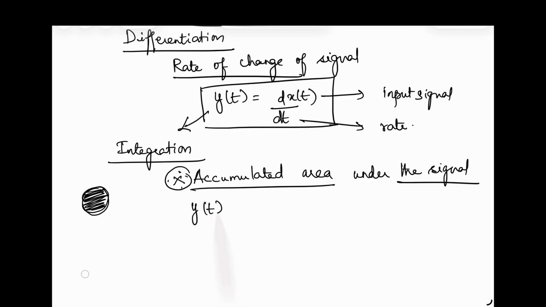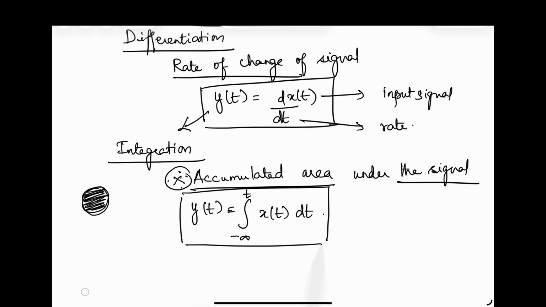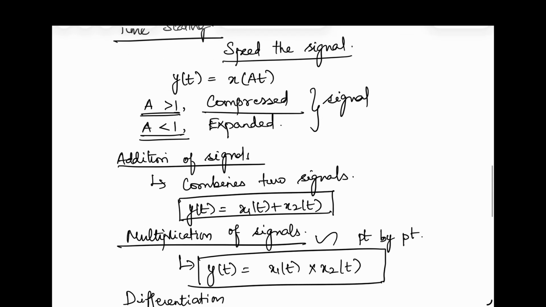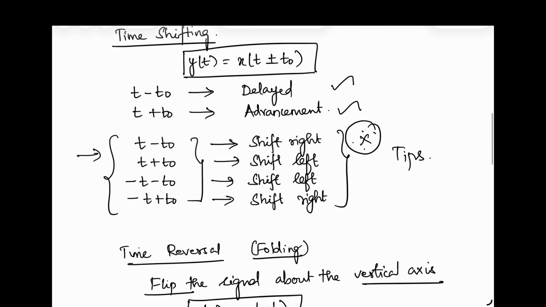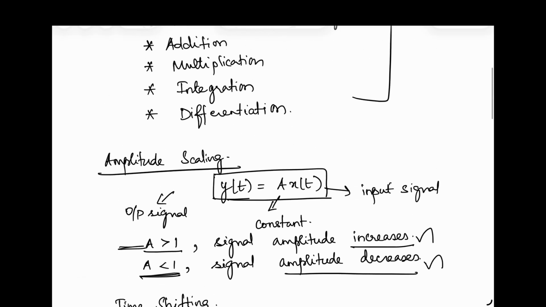So y of t is equal to the integral from minus infinity to t of x of t into dt. This gives you the formula for integration. These are the very basics about the operation on signals. In the next video, we'll be seeing problems on operations on signals.